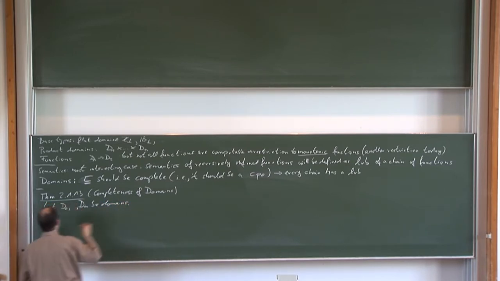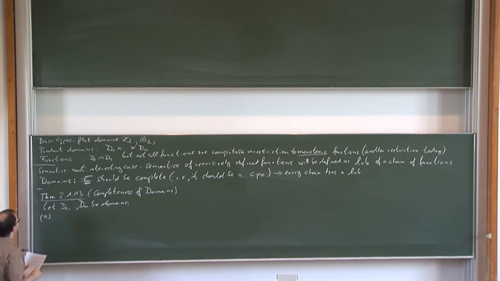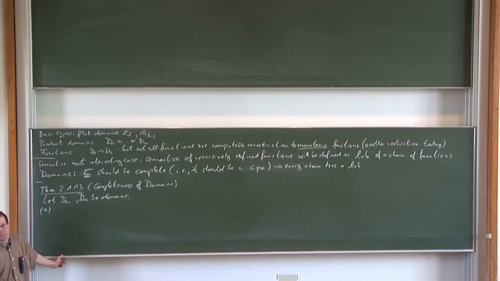Now, how did our domains look like up to now? Well, in the first case, we have these flat domains. If we have a flat domain, then this less defined or equal relation is complete. And in fact, this doesn't only hold for flat domains, but whenever all chains are finite. So if chains are only finite, then there always exists a least upper bound.